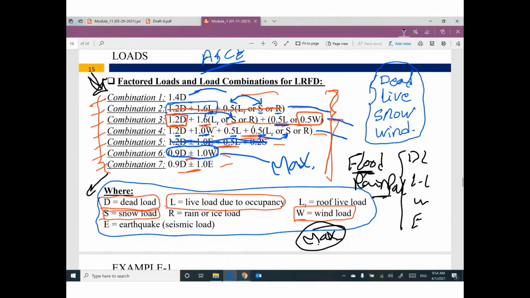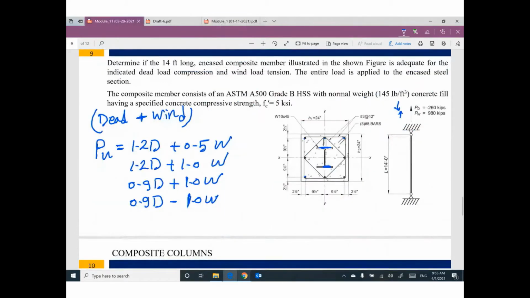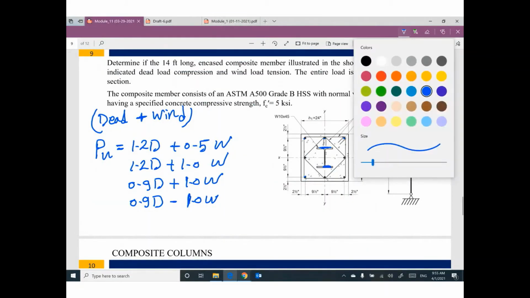Anyway, so we have 1.2 dead, 0.5 wind. We have 1.2 dead plus 1 wind. So I will assume live equals 0, S equals 0, R equals 0, and so on. And we have here 0.9 dead plus or minus. Plus or minus means we have two cases. One for plus, one for minus. So here is the scenario. Go ahead and put your numbers.